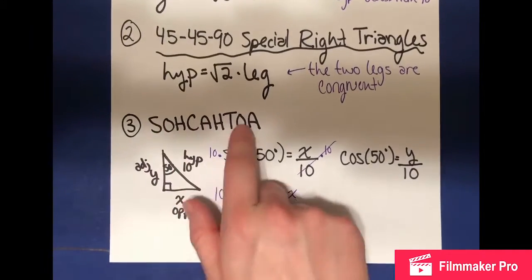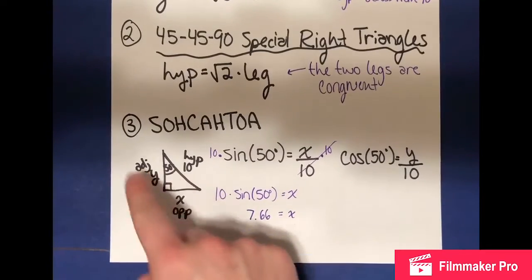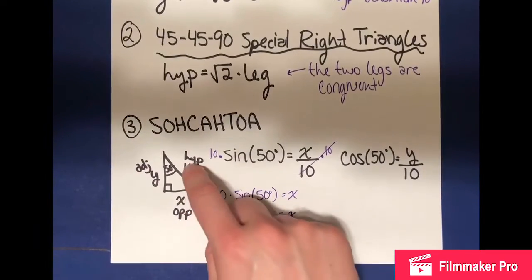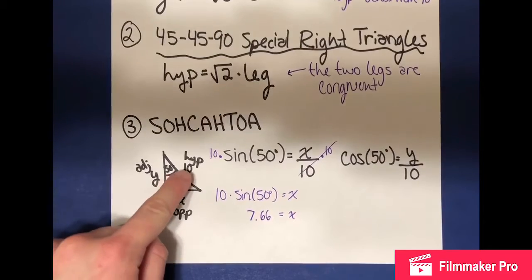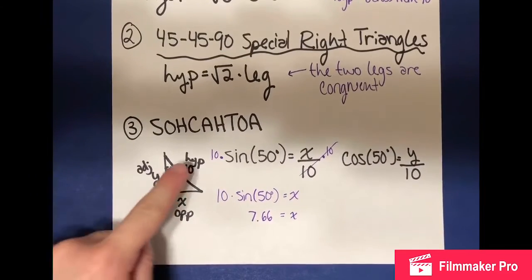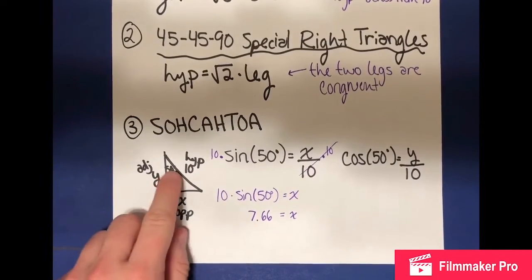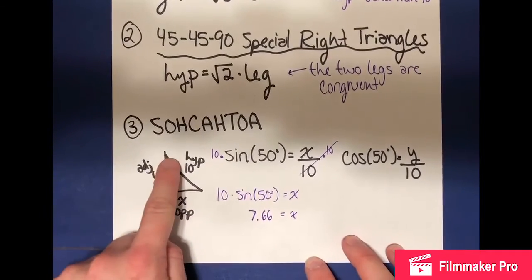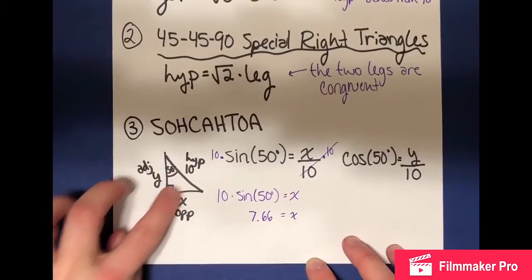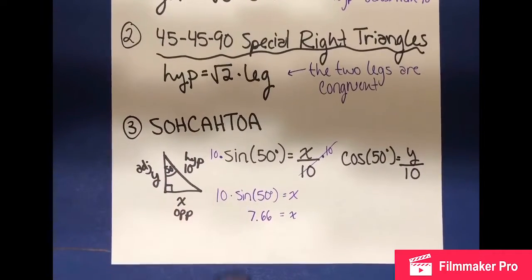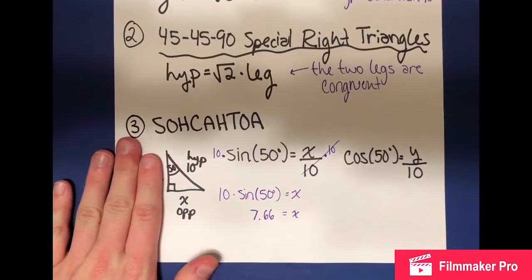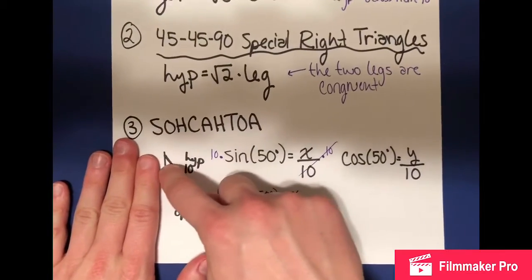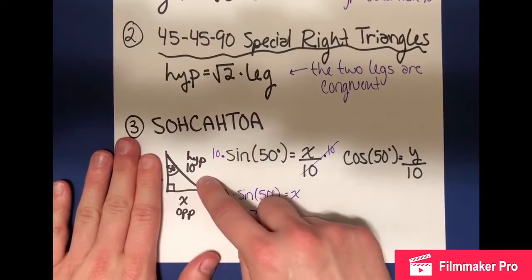SOHCAHTOA is sine, cosine, tangent. You're going to have it where you're going to have 2 missing variables and 1 given value. So for example, this one gives you the hypotenuse. I would put x and y. Given the angle that you're going with, here would be opposite, this would be adjacent, and this would be hypotenuse. I would then say, okay, let's say I just want to solve for x right now. I'm going to use the angle, x, and the 10.